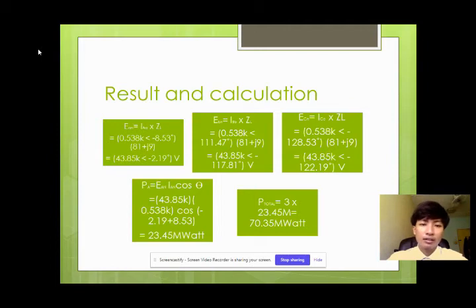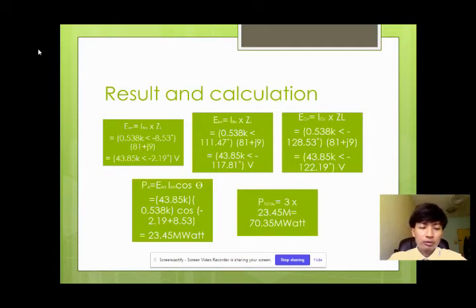So for the EBN it is the same. What I get is 43.85 kilo angle 117.81 voltage. And for ECN I get 43.85 kilo angle 122.19 voltage.